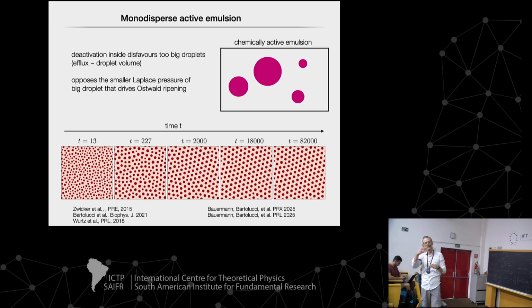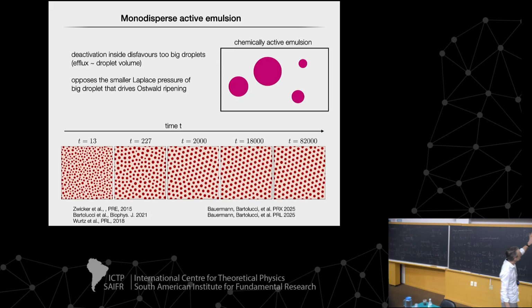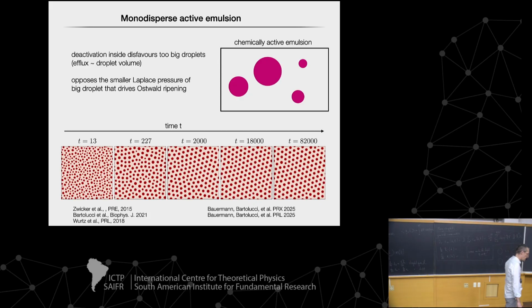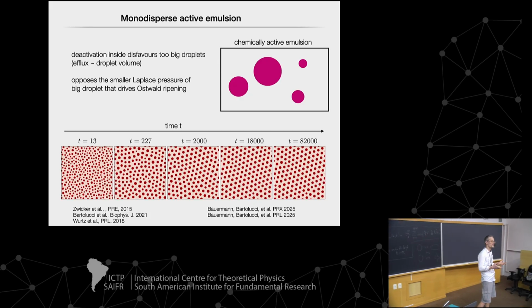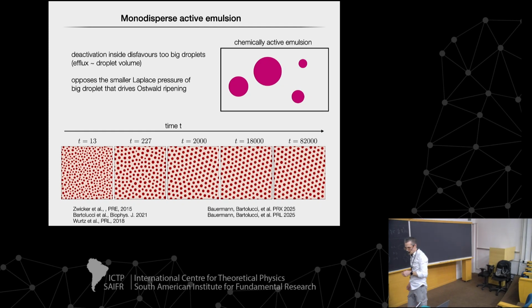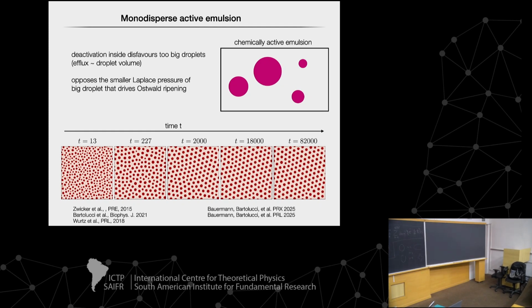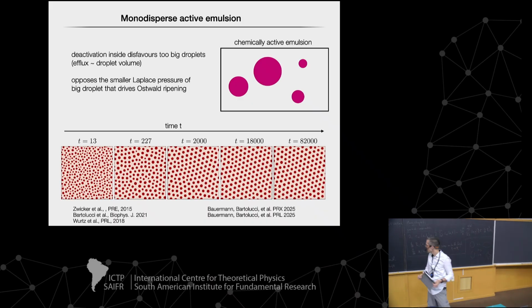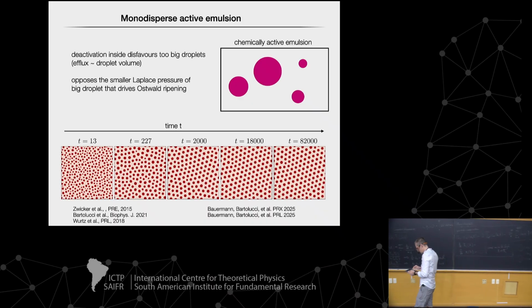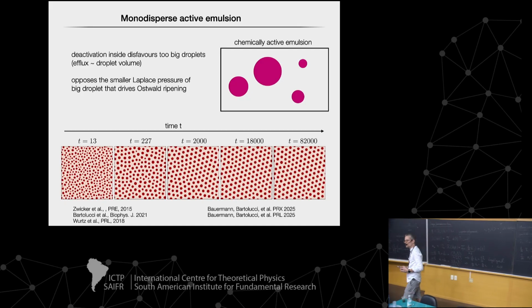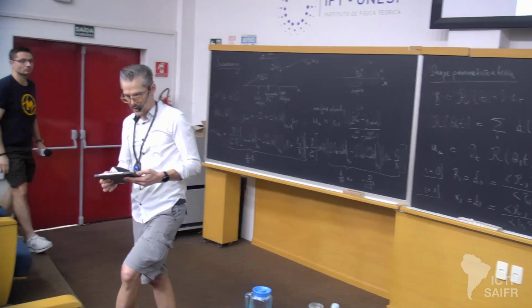So I cannot explain maybe all the different phenomena. The shells, I guess, I've explained a little bit in my colloquium talk, and today I would like to explain why it is possible that you can get a monodisperse emulsion when you maintain chemical processes in phase separated systems out of equilibrium. Okay, and for this we have to touch base with a concept called detailed balance of the rates.